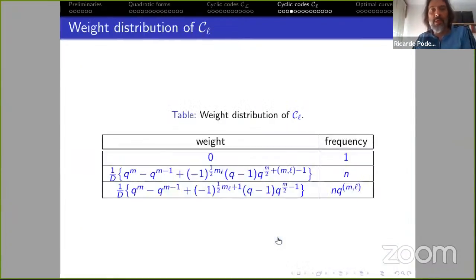The weight distribution can be explicitly computed now because by Carlitz's results, now we know which are the possible ranks. Okay, so now we have these weights. Here we have this weight and this other weight, with these frequencies.